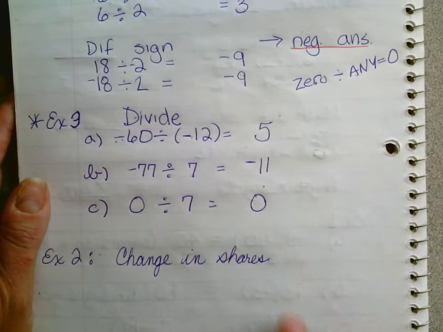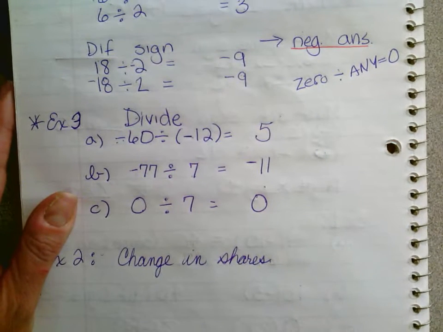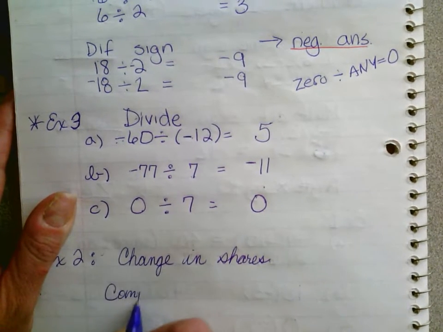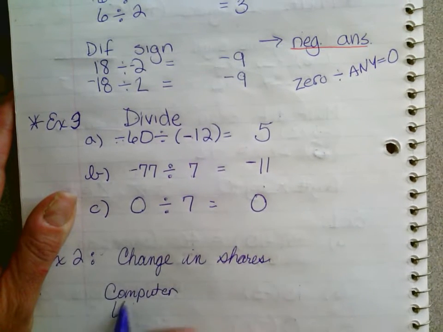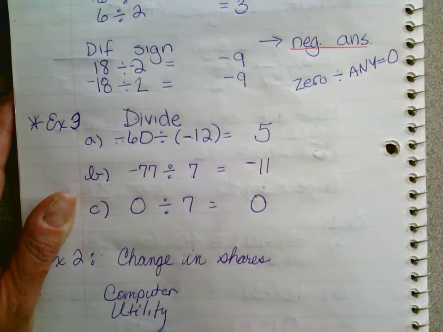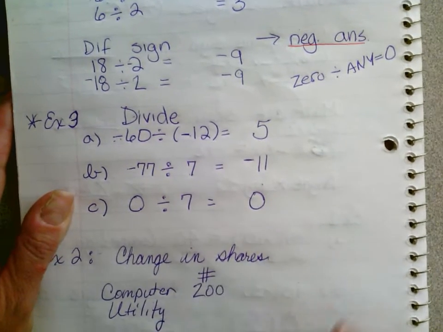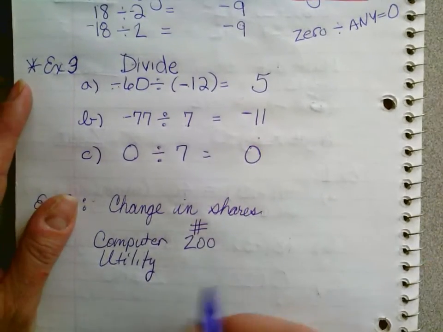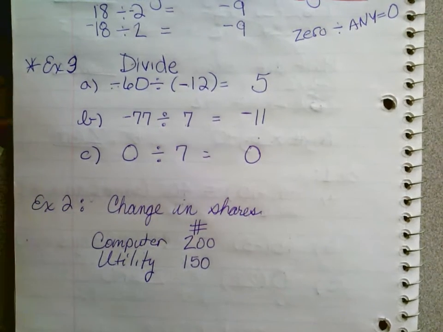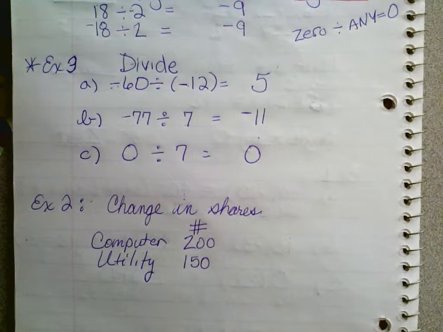Wonderful. So what he's saying is I had 2 different things. I have computer and I have utility. And I have a total number of 200 computer shares and 150 utility shares. That makes sense?